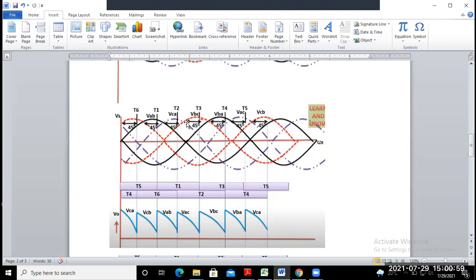So instead of this point, the thyristor starts conduction from this point, and from this point to this point it conducts. You must be careful about this. The main concern is that the most positive and most negative thyristor will conduct at a particular instant whenever you provide the gate pulse to that particular thyristor.